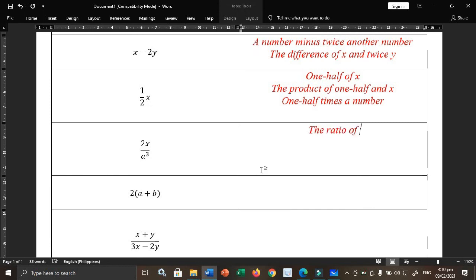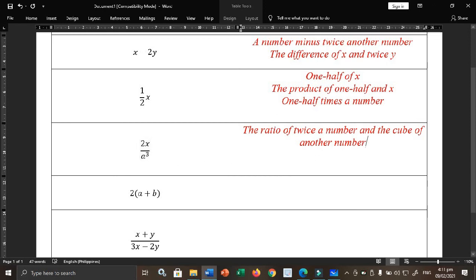The ratio of, as you can see, we have 2x. So, twice a number. Kasi x is a variable. The ratio of twice a number and the cube. Kasi 3 yung exponent. And the cube of another number. So, another number, yung term na ginamit kasi a is a variable.